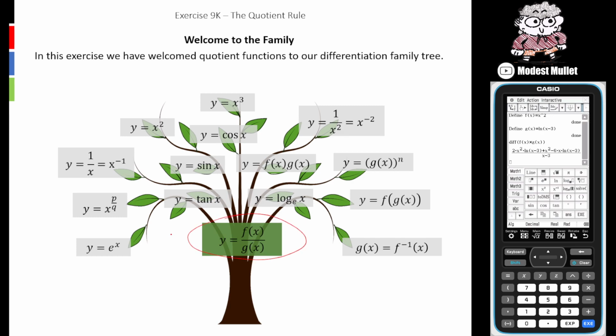That's our family of differentiation tree. So what have we got here? We've got polynomials, we've got rational powers, we have composite functions using the chain rule. Over here, we can do index laws and square roots.